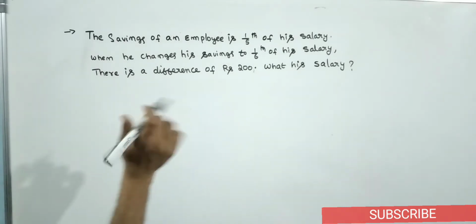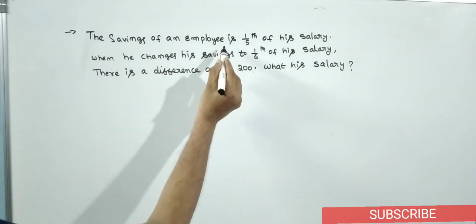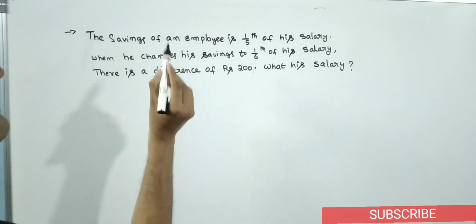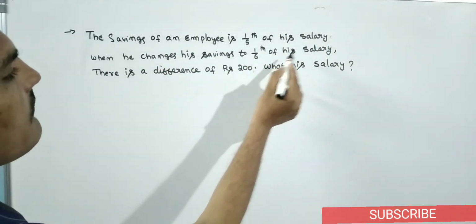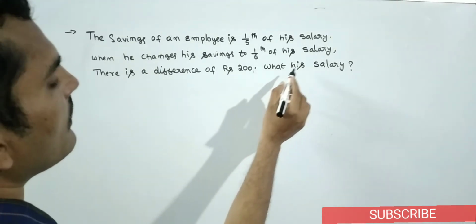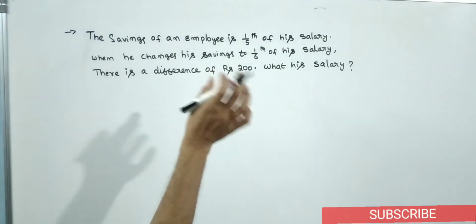See friends, next problem. The savings of an employee is 1/5 of his salary. When he changes his savings to 1/6 of his salary, there is a difference of rupees 200. What is his salary? See friends, I will read again.